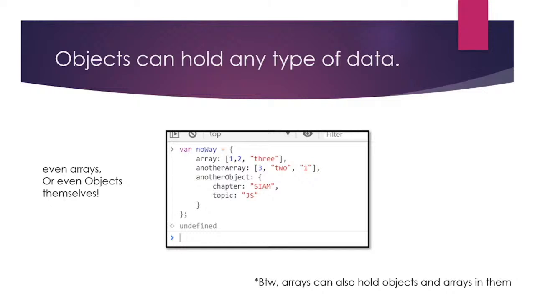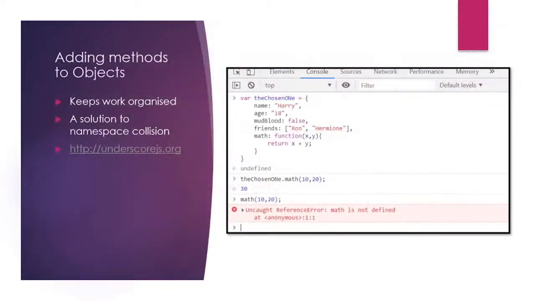And arrays can also hold any type of structure inside them, and even objects as a part of an array. And you can also have different methods assigned to your objects, and this is the basics of object-oriented problem solving in JavaScript, that you can assign methods to objects.